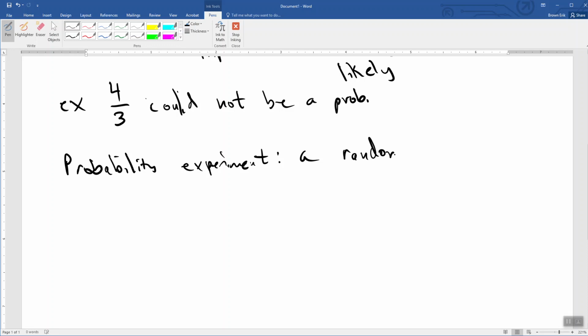And this definition might exclude some things that we consider. Is that how you spell repeatable? We're going to go with it.